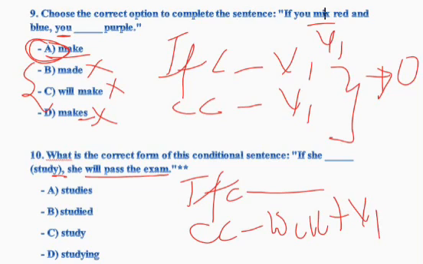If we have will plus V1 in the main clause, this is type 1. This could be a type 1 conditional sentence. So the if clause has to be what? It has to have V1.